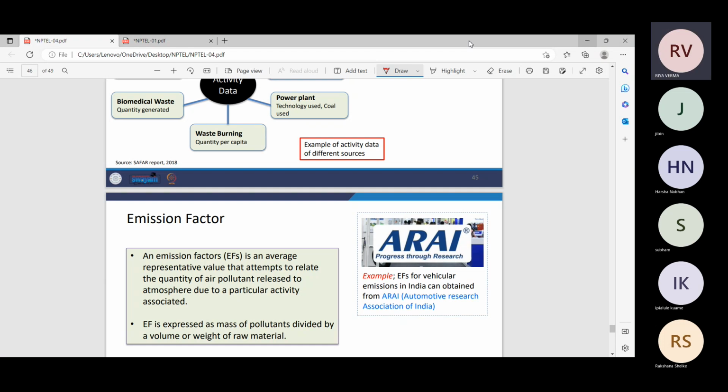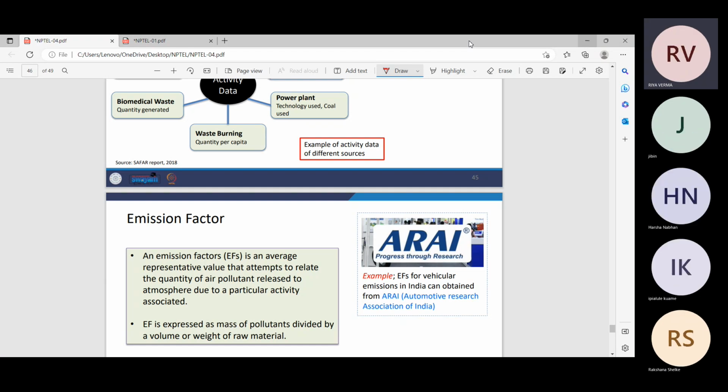Basically, the aerosol optical depth is used to predict the amount of particulate matter that is present in the atmosphere.